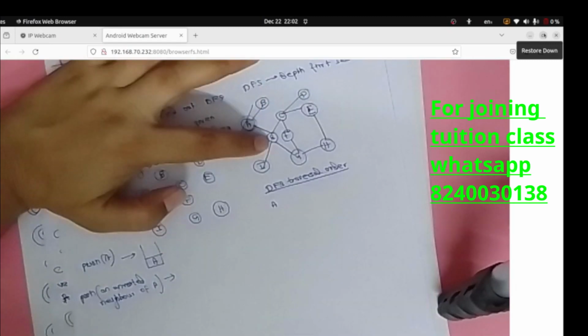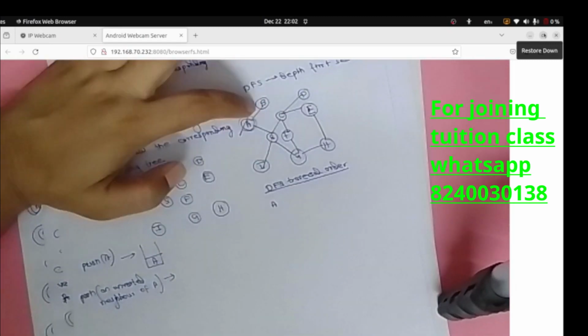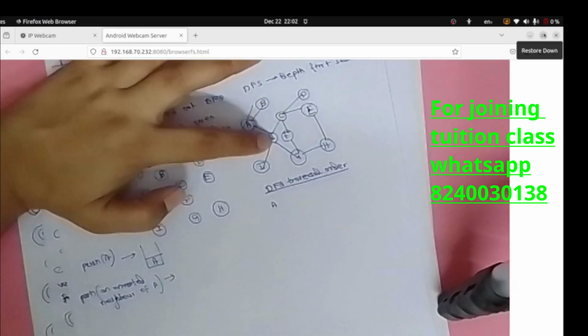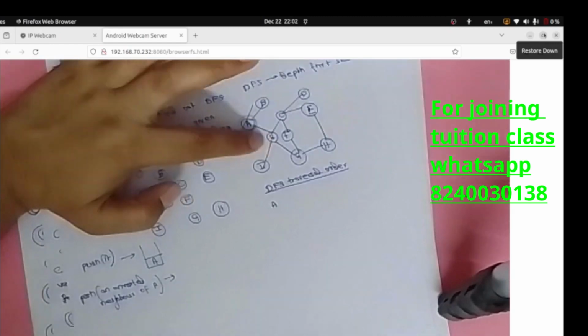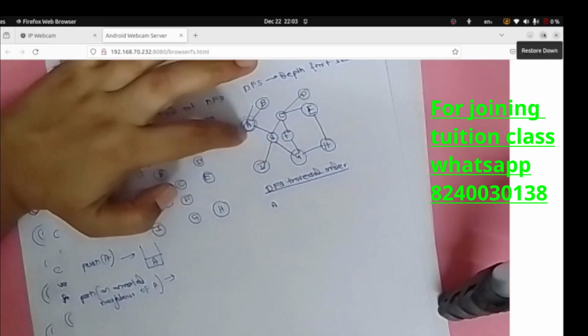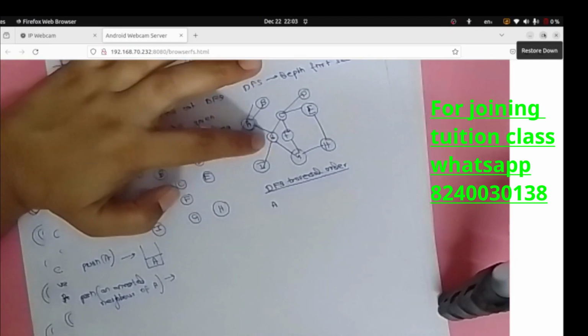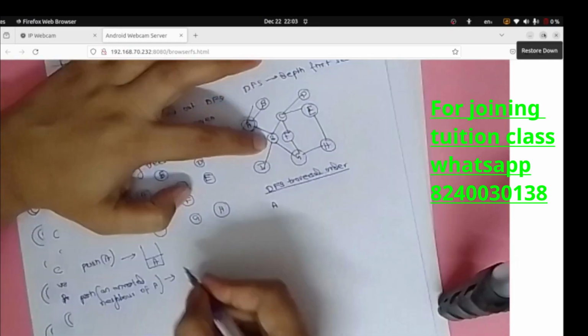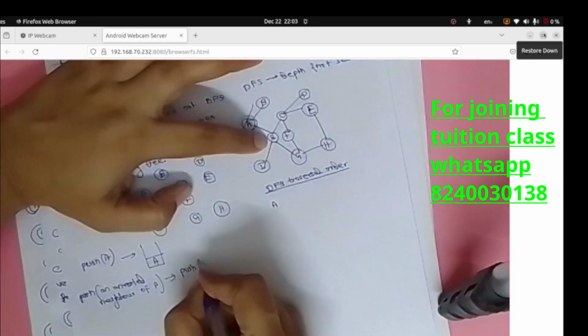When they are crossed, that means they are visited. But we have not visited any of the neighbor vertices, so we can take any one of them. For this example, we take the next neighbor vertex of A to be pushed into the stack. Let it be S. So the operation will be push S.